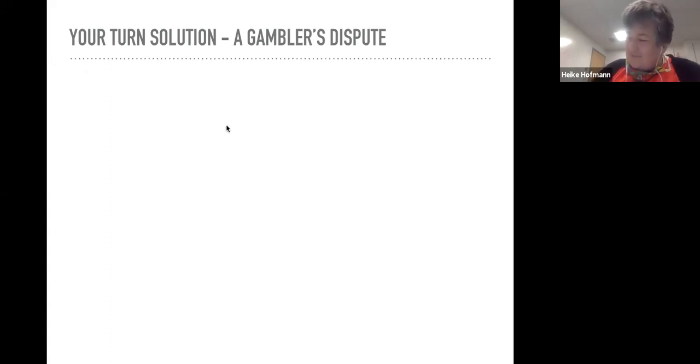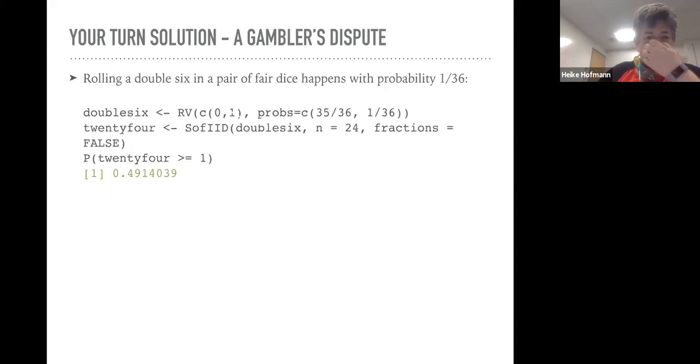Let's see. So we can set up a random variable. Let's call that double six.